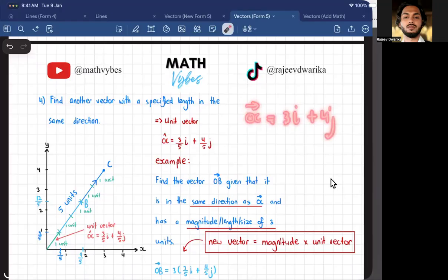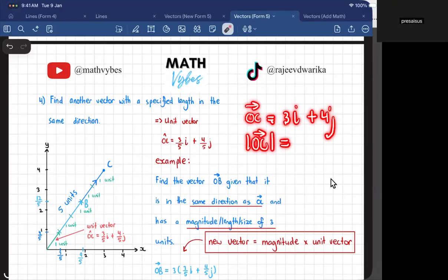Great. And that has a magnitude of 5. Great. So if I want to find a vector that is in the same direction, wouldn't it just be along the vector, but just a smaller piece of it? Watch. If this is O to C, wouldn't our vector just be a small portion of that? Like a unit vector?